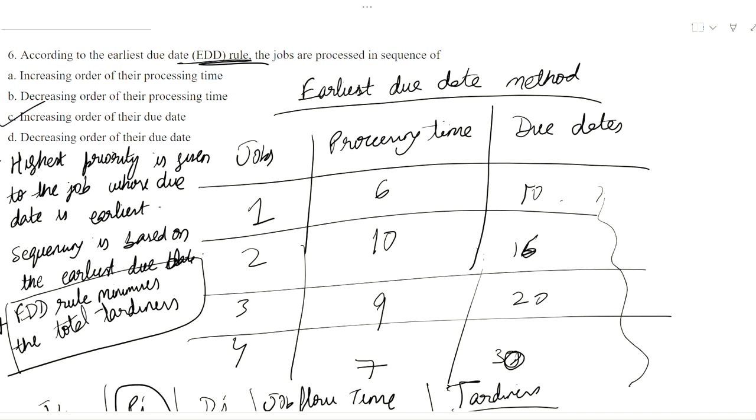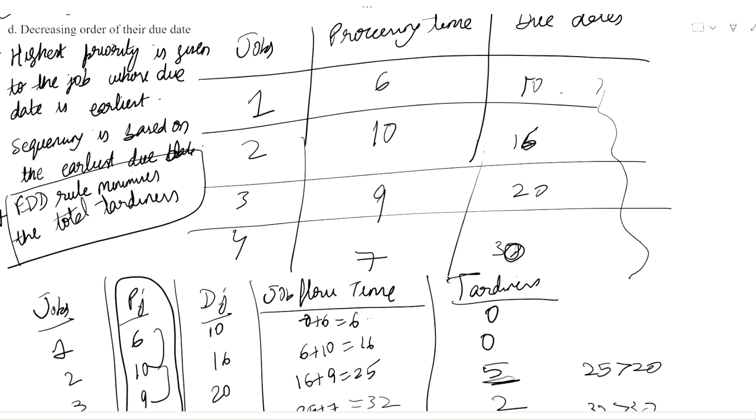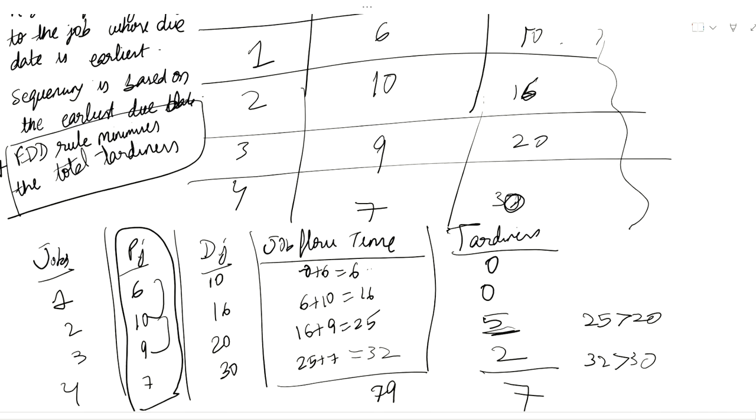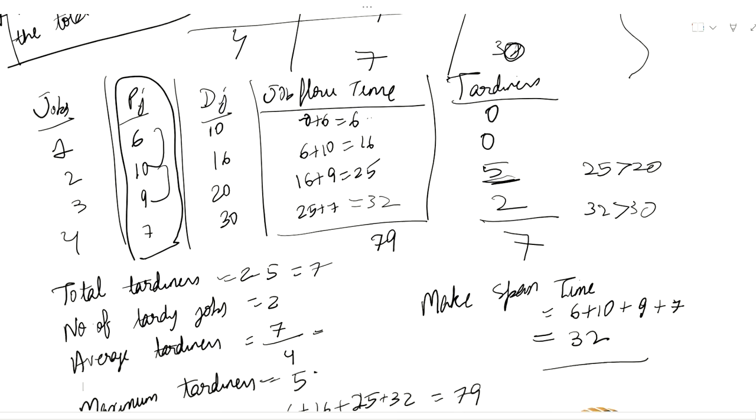We discussed different processes of job sequencing, which are earliest due date or shortest processing time. In the earliest due date method, we arrange the jobs according to their due dates, and then we calculate the job flow time and the tardiness.